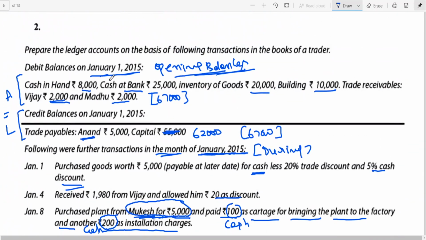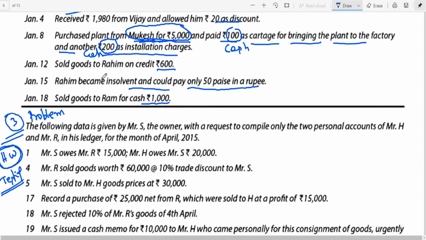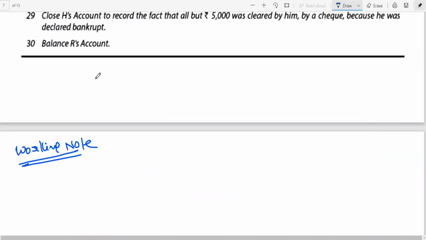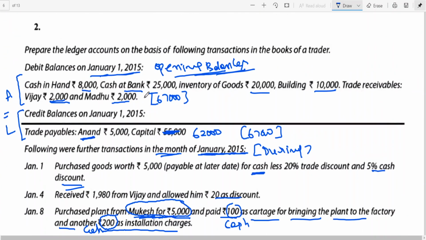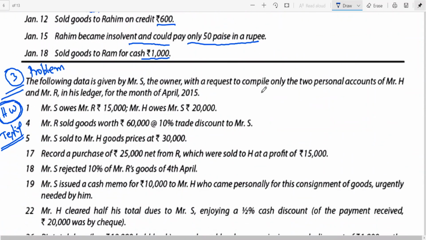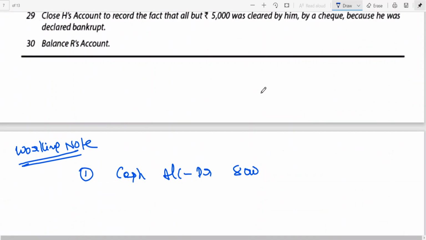First one, opening balance. Cash account at R 8,000. Bank account at R 25,000. Inventory 20.